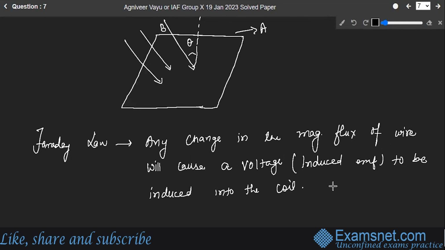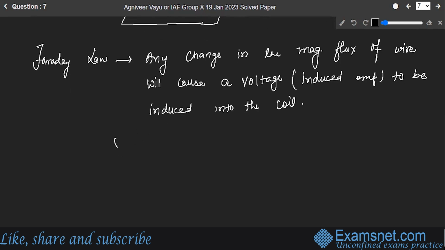This change can be produced by changing the magnetic field strength, moving the coil into or out of the magnetic field, moving a magnet toward or away from the coil, rotating the coil relative to the magnet, etc. So this induced EMF is equal to minus N delta phi upon delta t, right?